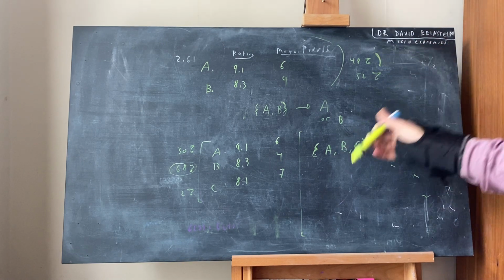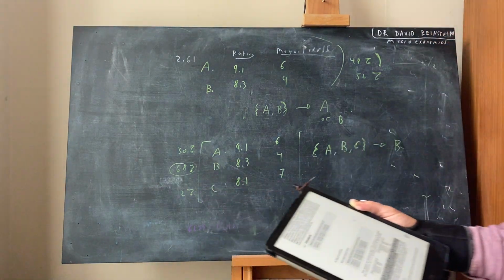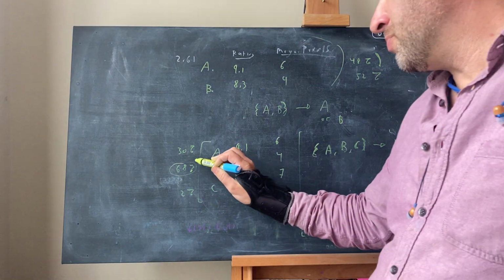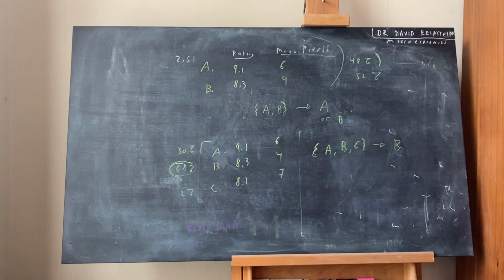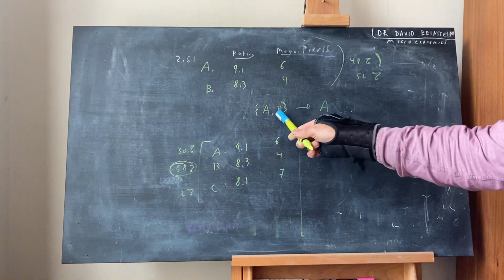Because this is about half-half, and this is 68%. So if I have a large enough population, there must have been some people who, when presented with these three options, chose B, but when presented with the two options, chose A.